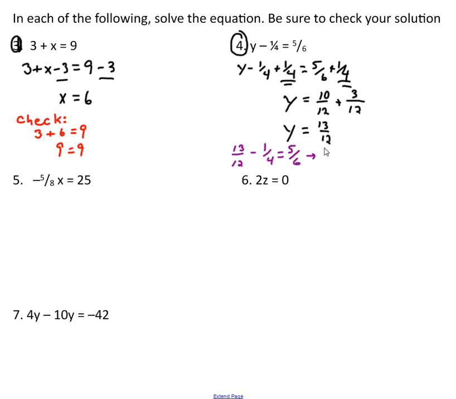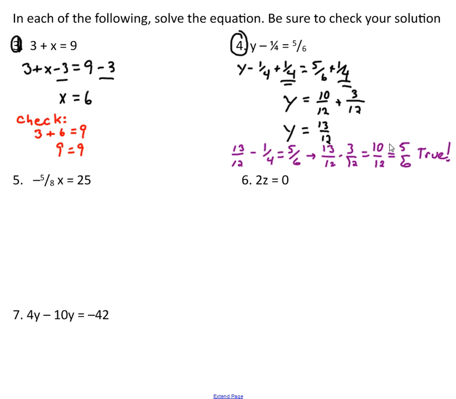Of course, 4 divides into 12 evenly, as we showed above. So we're going to take 13/12, and we would be subtracting away 3 twelfths, which is the equivalent of 1/4. To see if we get 5/6, 13 twelfths minus 3 twelfths gives us 10 twelfths. And 10 over 12 reduces to give us 5/6, so that makes the equation true.